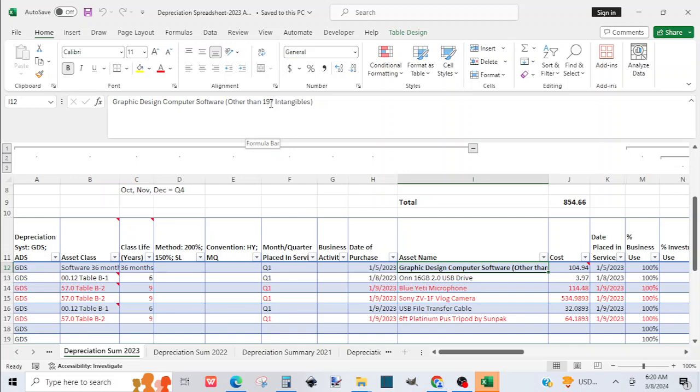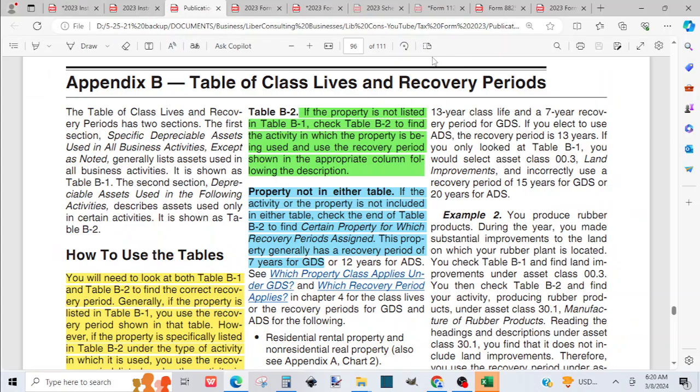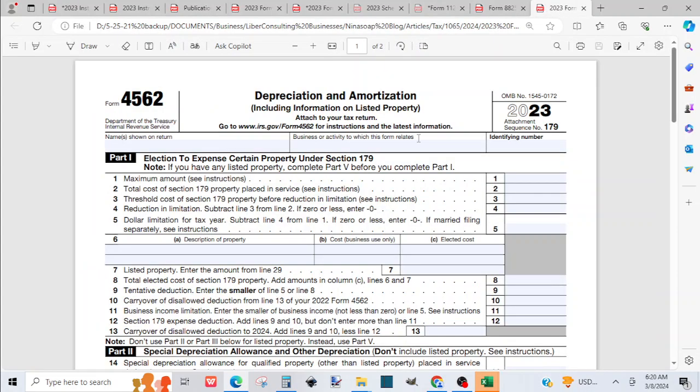Okay, so let's go back to our depreciated assets, because when I was talking earlier about section 179, that's where you can expense the full amount. But I do not claim section 179. I depreciate, so that's why I'm going to talk about depreciation.